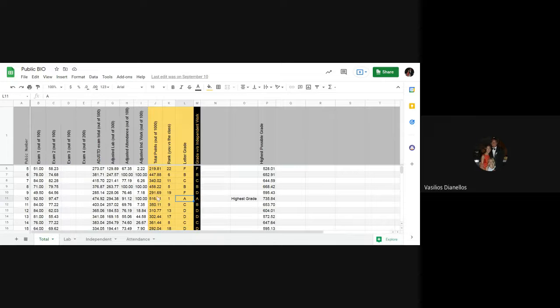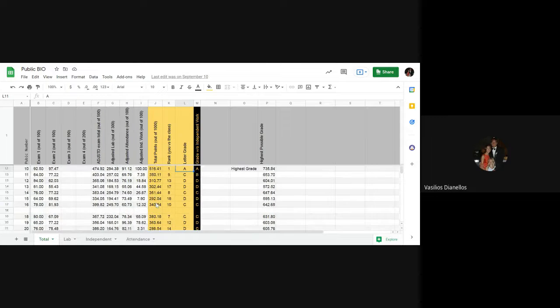So this part right here probably doesn't mean much to you, your actual number of points, but it is there just in case you want to know, and also so I can refer to it. What matters for you mostly is your actual letter grade right here. So that's what you look at until the end.